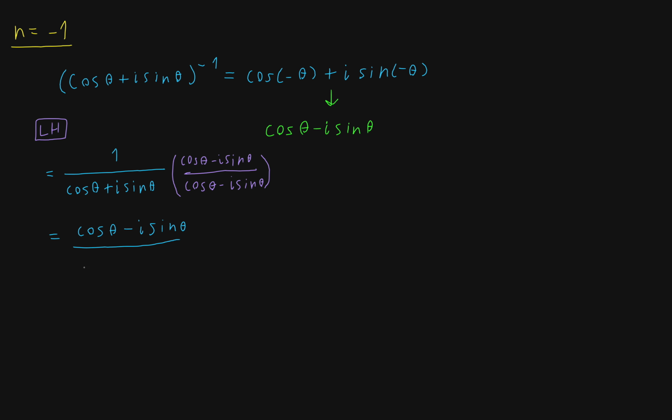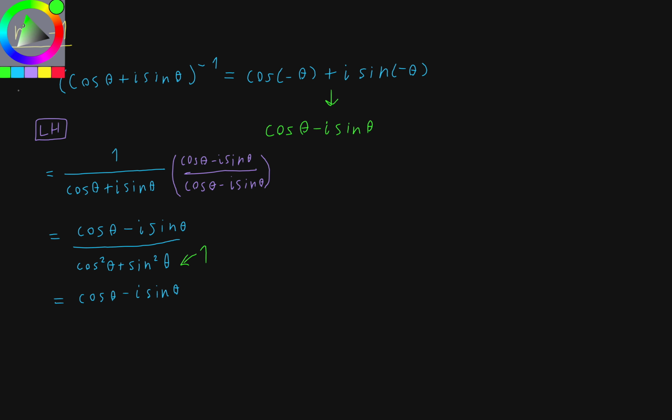So what we're going to get is a real portion. We're going to get cosine squared theta plus sine squared theta. And by the Pythagorean identity, you know that this is just going to be 1 over here.